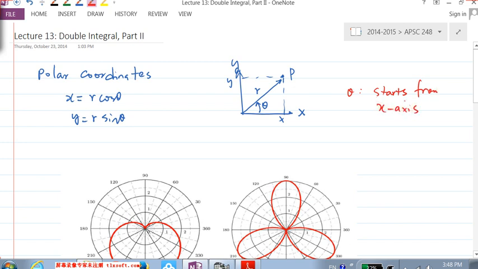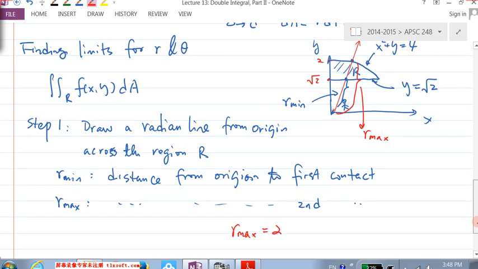Theta is greater than 0 if you're going in which direction? Counterclockwise. That's the convention. So in this case, where's theta? Theta is from here to here. Sorry, the drawing is a bit of a mess. So that's theta here.